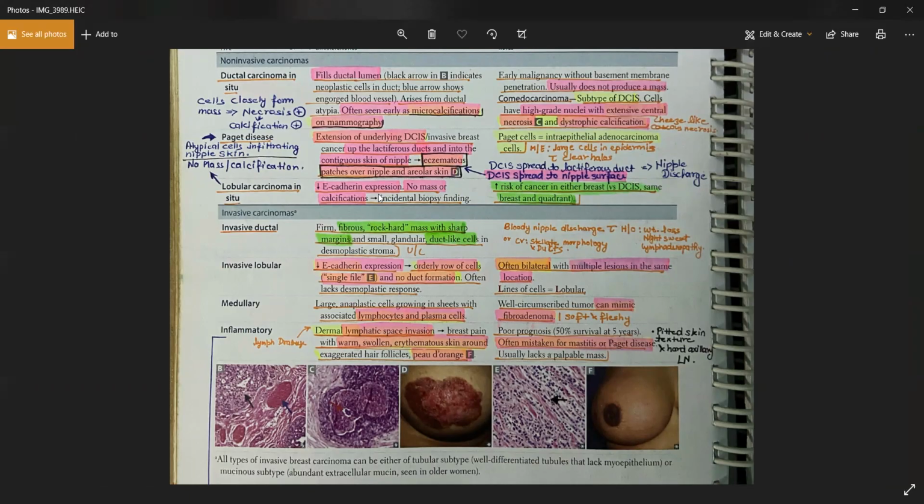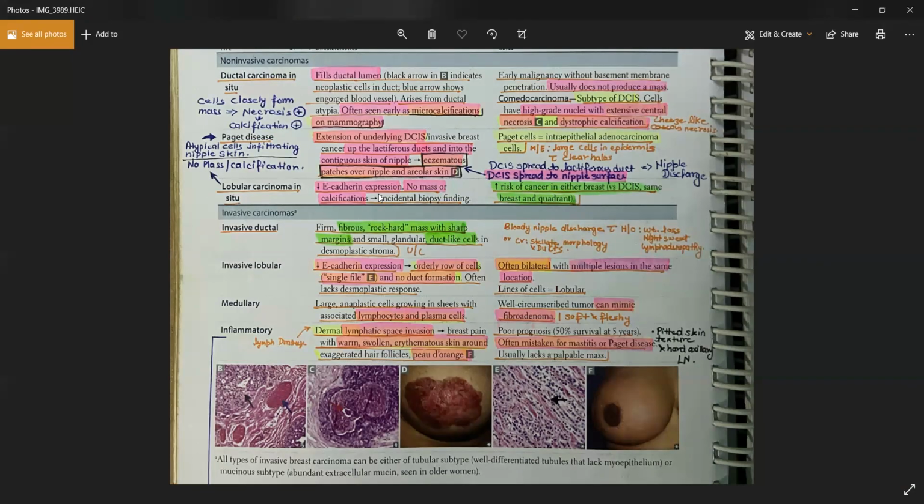Then after detachment, you attach to the basement membrane via hemidesmosomes.